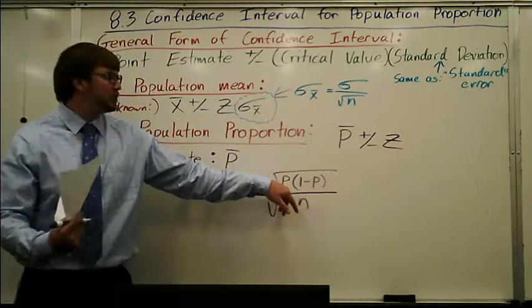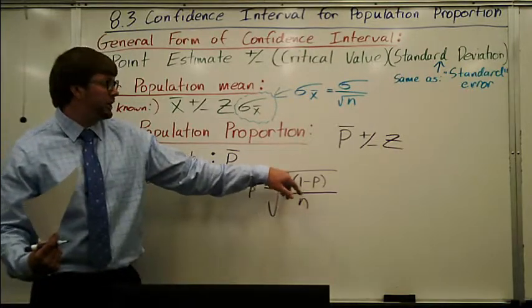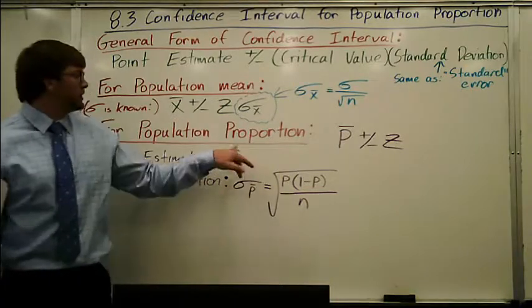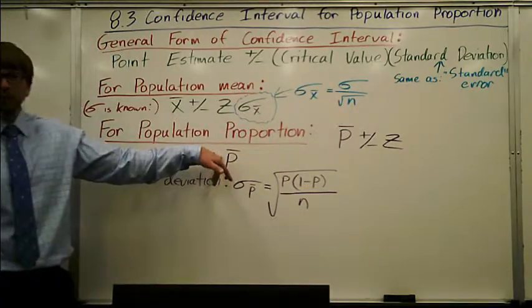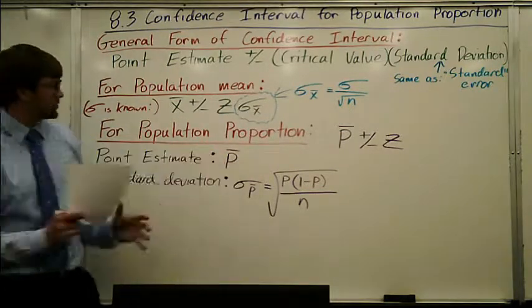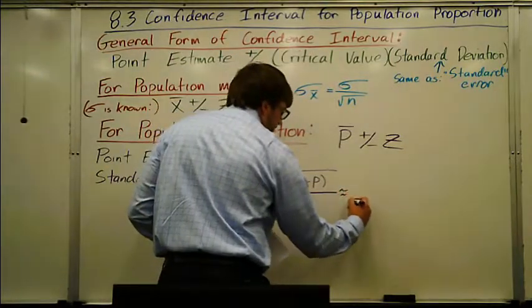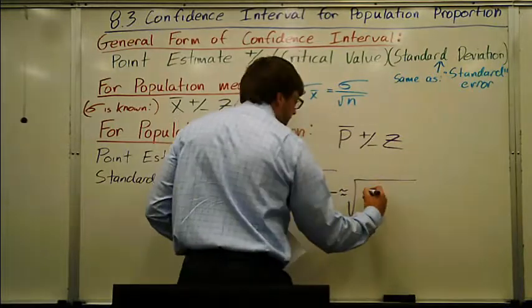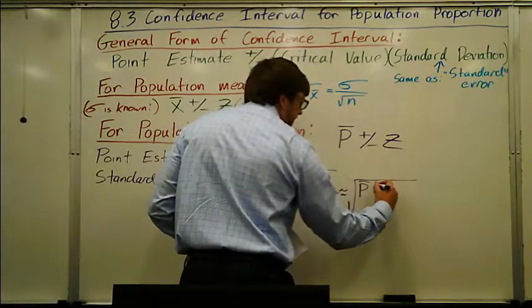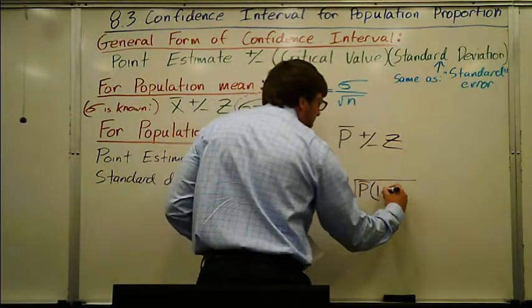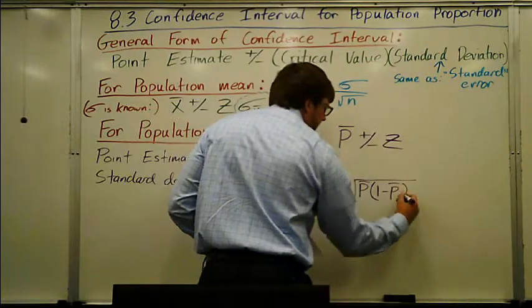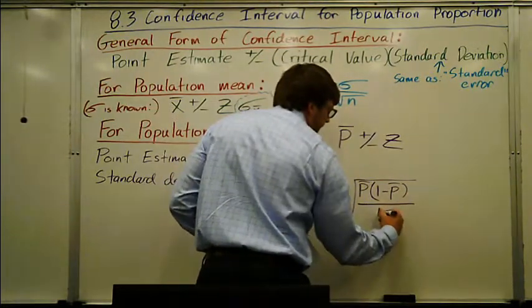So instead of using p, because we don't know it, we use our best guess, which is the point estimate of the population proportion. So we're going to use the square root of p hat multiplied by 1 minus p hat, still divided by n.